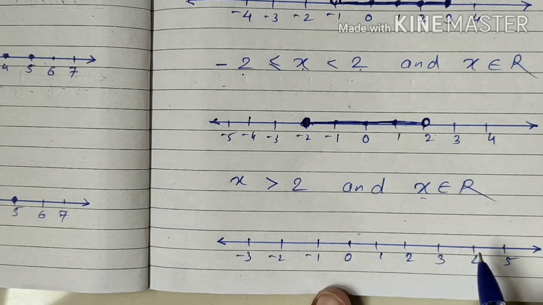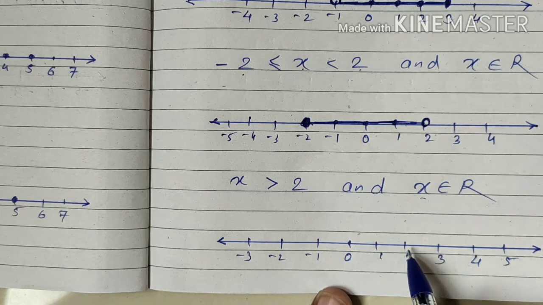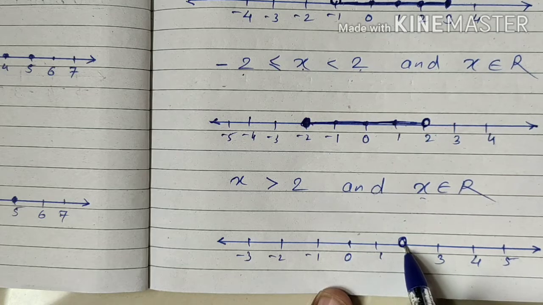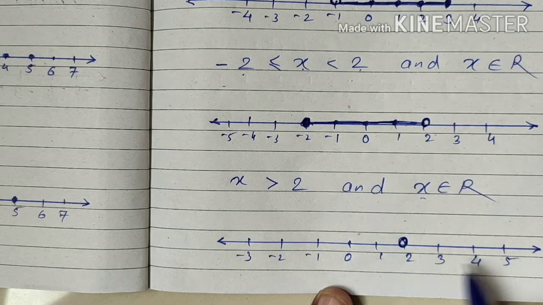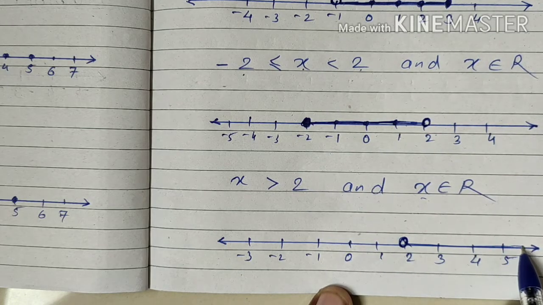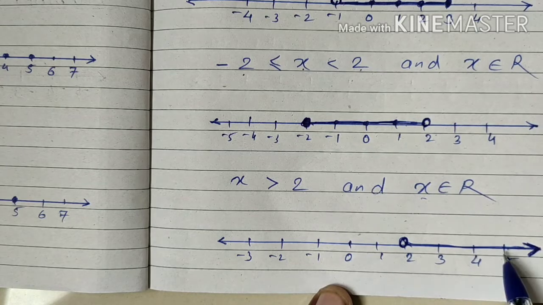Greater than 2 means 2 is not included. Correct? All these numbers are included. Give the dark arrow because it is up to infinity.